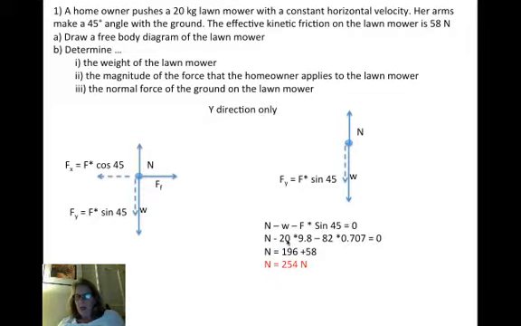And then I know the weight is 20 kilograms times the acceleration of 9.8, and I know from the previous x direction that F is 82 times the sine of 45. And I can reconcile that so that now the normal force, which is what they're asking here, is 254. Anyway, I hope that helps.